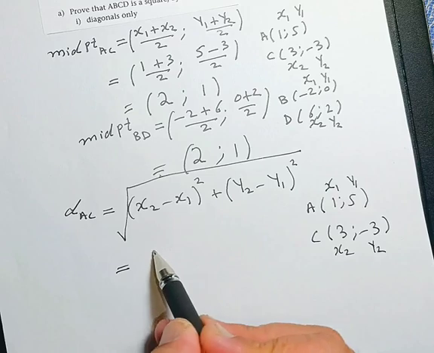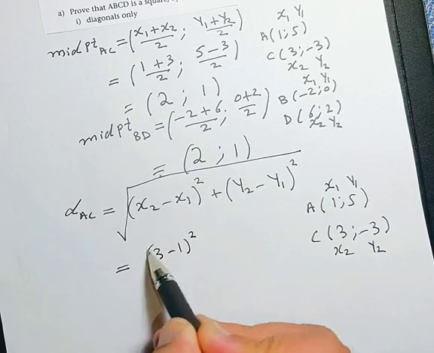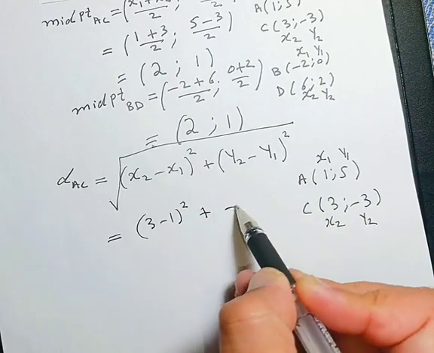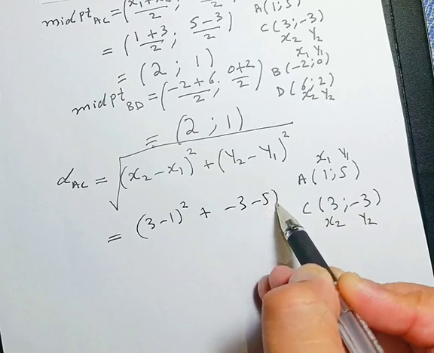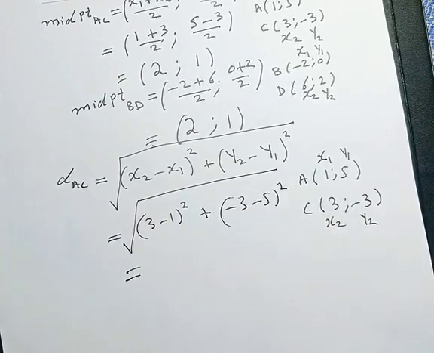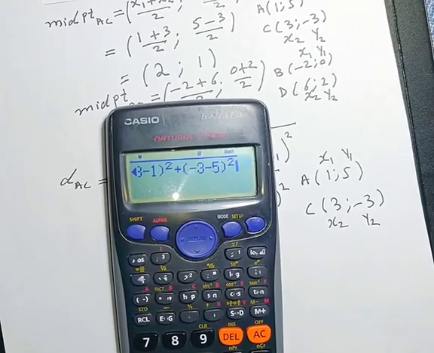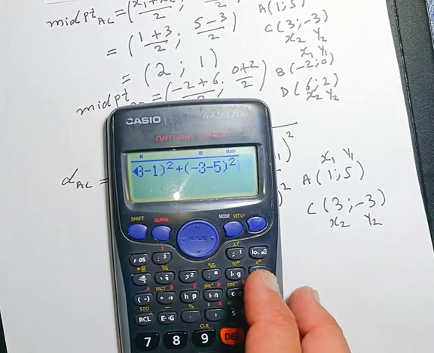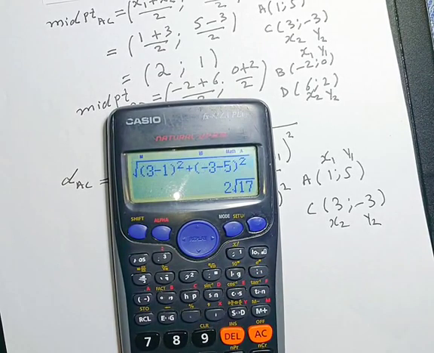So x2, 3 minus 1, square, and y2, -3 minus 5, square, and you take the square root, and you simplify this with a calculator. You can plug all these values into the calculator in one go, and then you press equal.